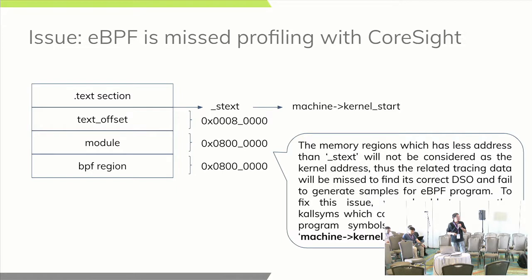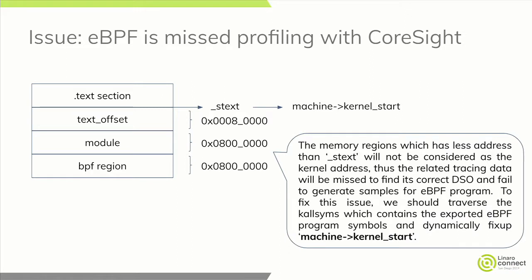For example, BPF also runs in one of these regions. This gives Perf the wrong information that BPF does not run in kernel space, so it cannot find the correct DSO information. Finally, it cannot generate any samples for the eBPF program.